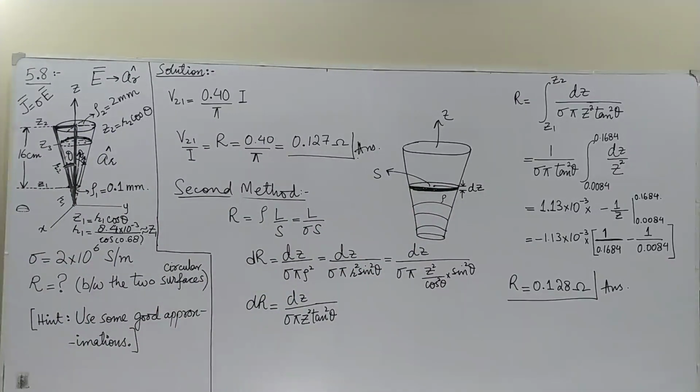I hope you're able to get this. I wanted to work on this problem quite extensively because I want to show you the depth to which the study of electromagnetics and electrostatics can go. Remember that we are discussing electrostatics and a slight deviation from electrostatics when we are considering currents.